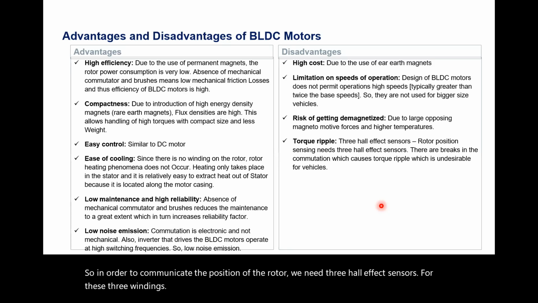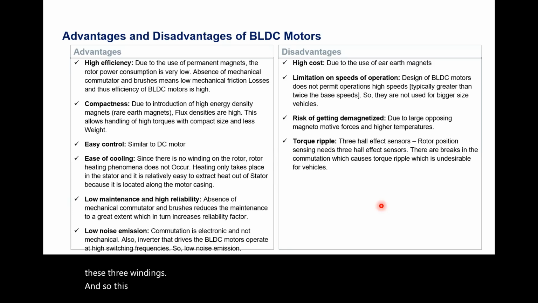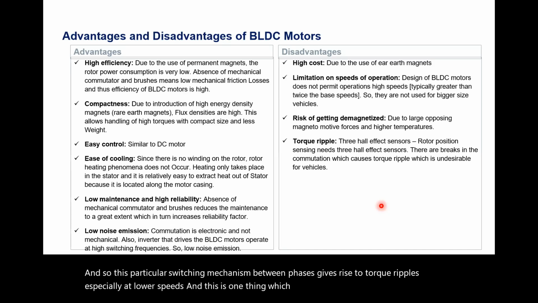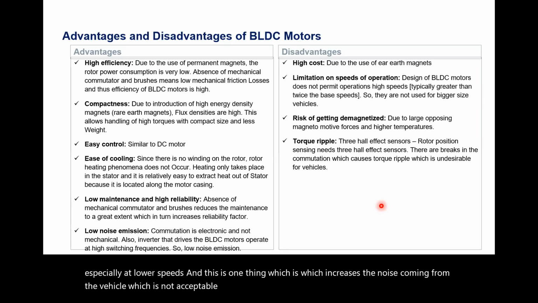And so this particular switching mechanism between phases gives rise to torque ripples, especially at lower speeds. And this is one thing which increases the noise coming from the vehicle, which is undesirable for vehicles. So this is another disadvantage for the BLDC motors.